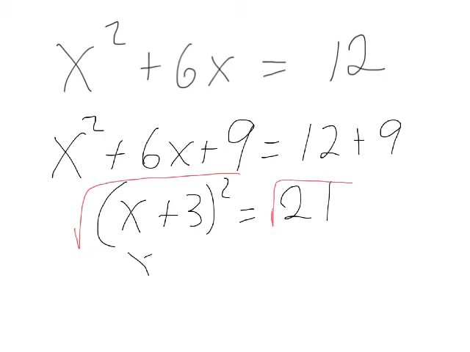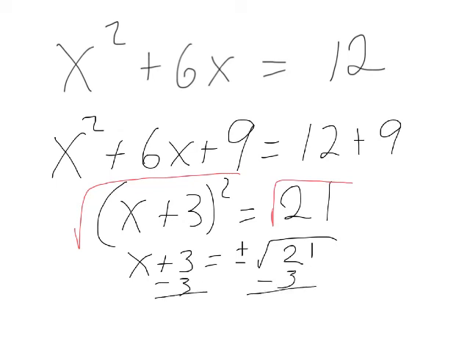That will give me x plus 3 equals positive and negative square root 21. 21 is 3 times 7. Those are both prime numbers, so this root can't be simplified. I'll then subtract my 3 from both sides, and I'm left with x equaling negative 3 plus and minus the square root of 21. And it's just that simple.